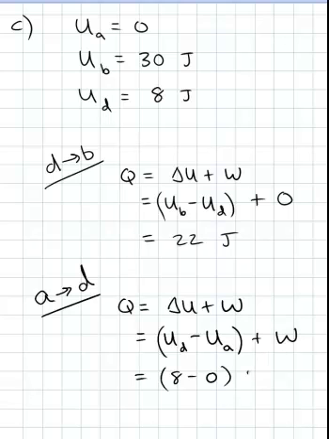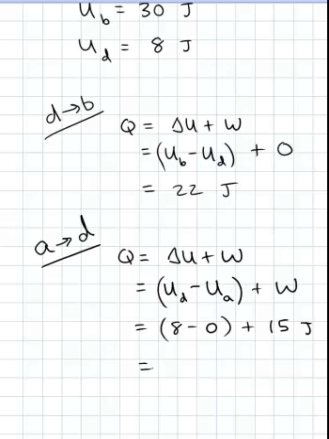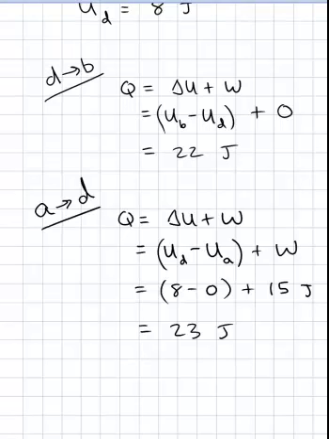And the work done was given for the entire path, 15. And we know for the second part, from D to B, it's 0. That means from A to D, it has to be 15. And what do I get? 23 joules.